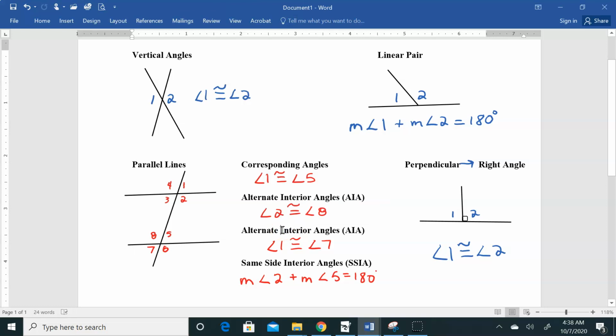Let's see, alternate exterior angles are congruent. And when we have same side interior angles, they add up to 180 degrees. And when we hear the word perpendicular, that means things are at a right angle, and all right angles are congruent. We don't have to prove anything with it. If I have two right angles, they are congruent to each other.